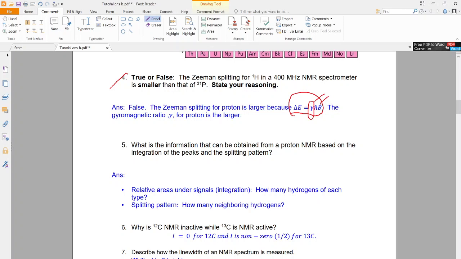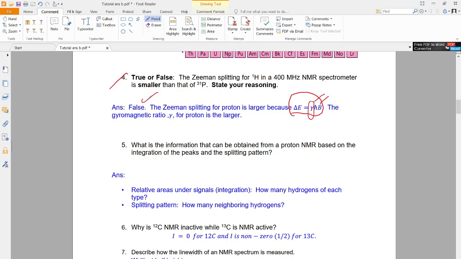Based on the table, and I already told you before that proton has the highest value of gyromagnetic ratio, each nucleus will have its own value. Proton has the largest, so the Zeeman splitting for proton should be bigger. So this means that this statement is false.